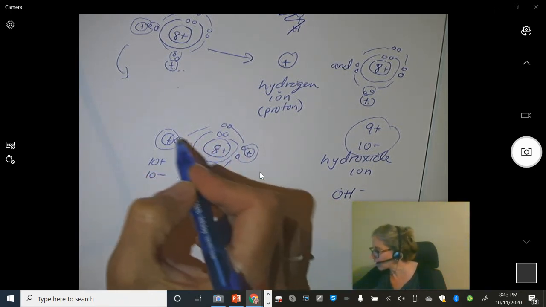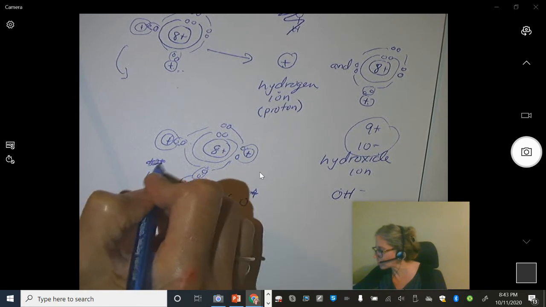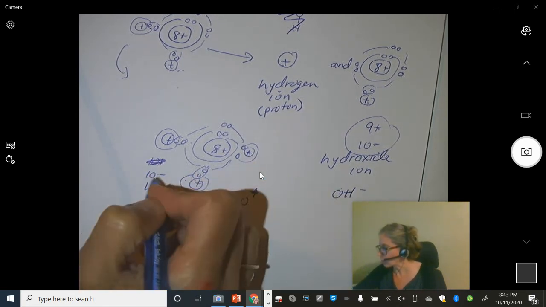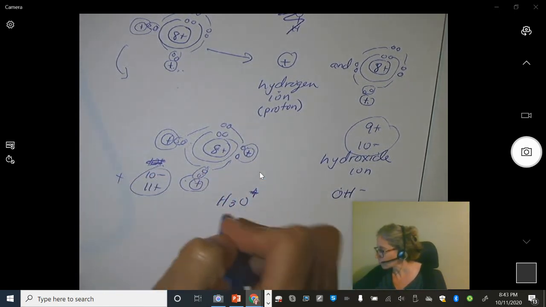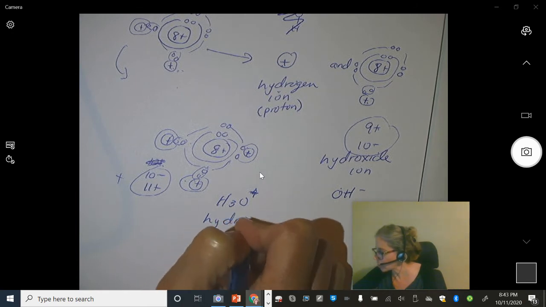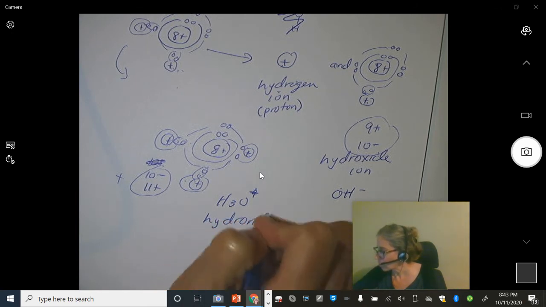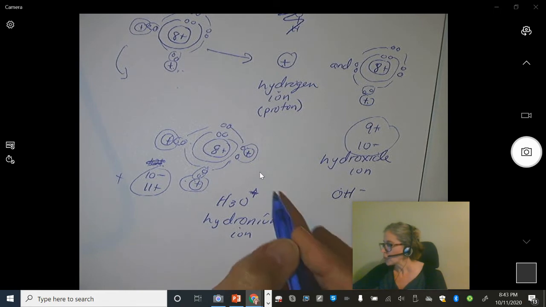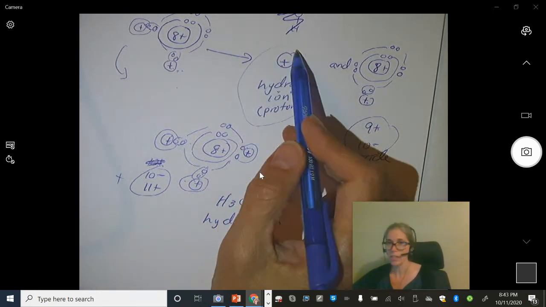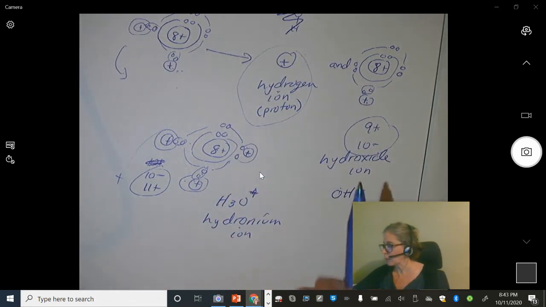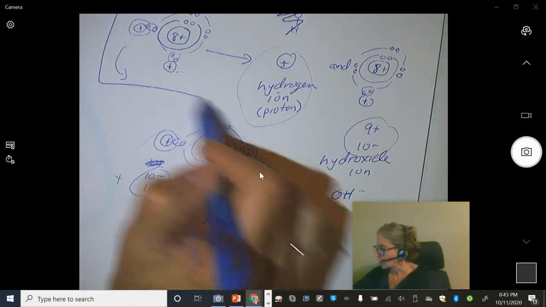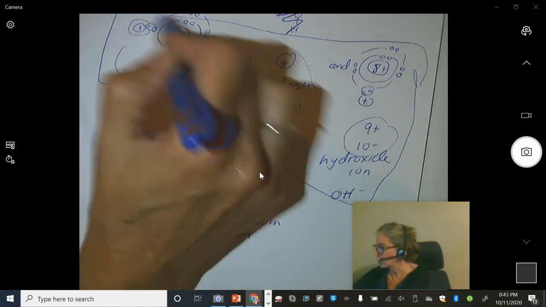Oops, I forgot, 8, 9, 10, 11. It's got 11 pluses because it's got that extra one here. So overall, it's positive. This is called the hydronium ion. All right, so really, instead of existing like this, it usually exists more like this, but I'm just going to probably talk about this just to make life easier.